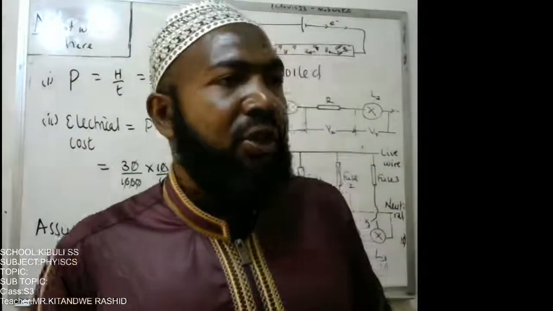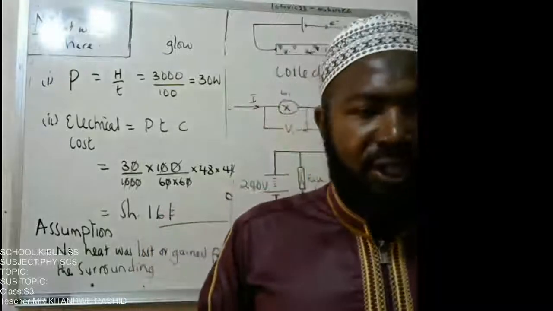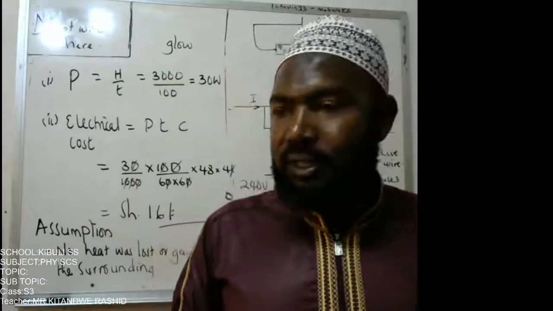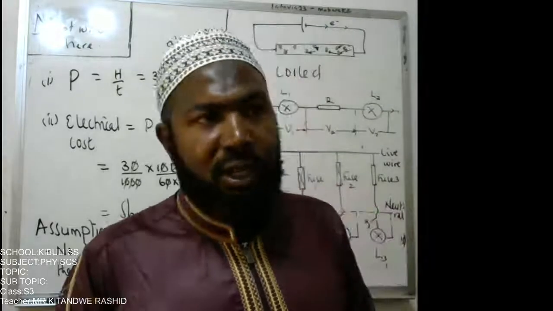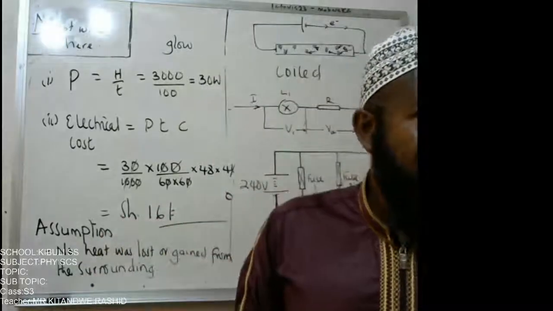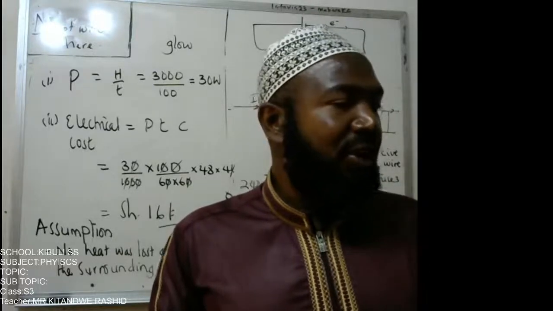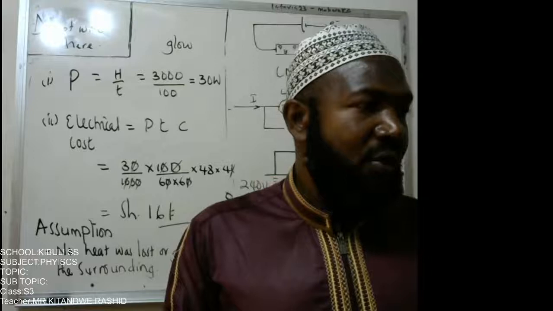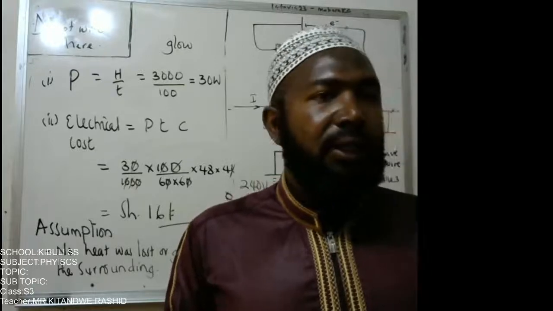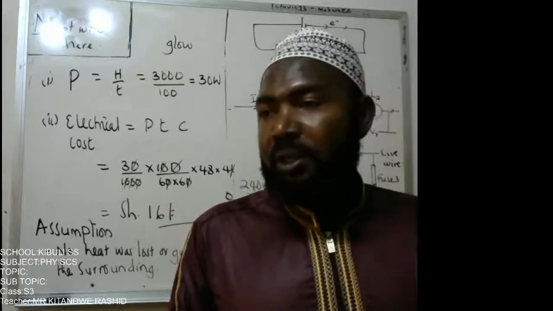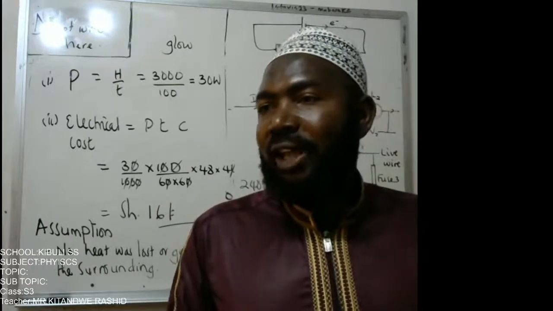Two, short circuit. What do you mean by short circuit? We are saying a short circuit is a path of low resistance. Short circuits usually occur when the live wire gets directly in contact with the neutral wire, especially when the insulation wears off.